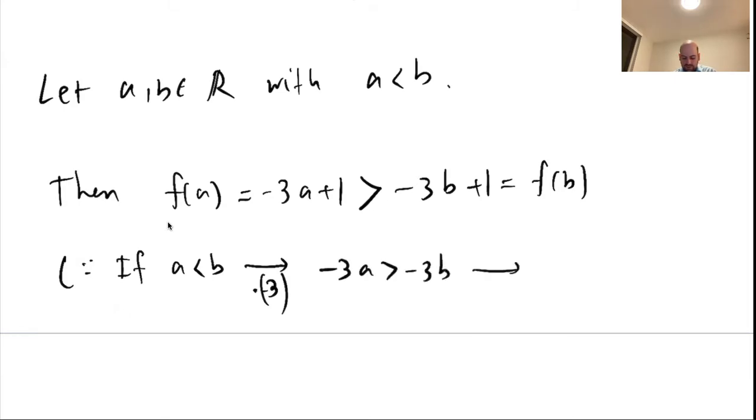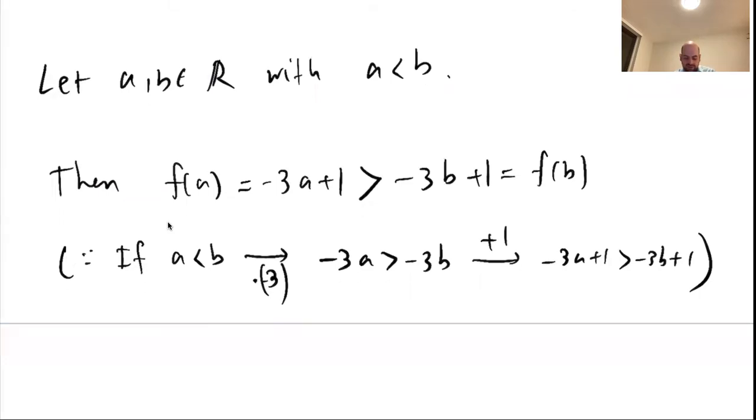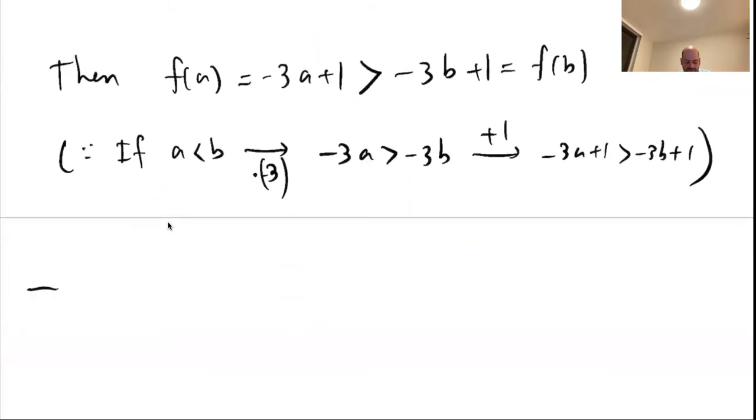And then if you add 1, then you get minus 3a plus 1 bigger than minus 3b plus 1, which is what I wrote above, right? So I just justified why minus 3a plus 1 is bigger than minus 3b plus 1. And that means f of a must be bigger than f of b, which means f is strictly decreasing.